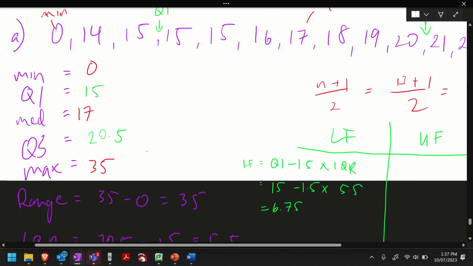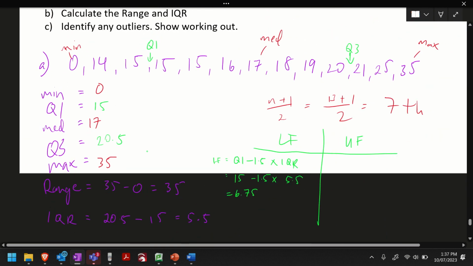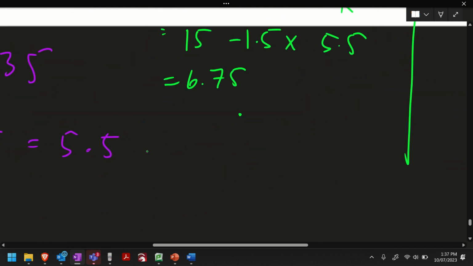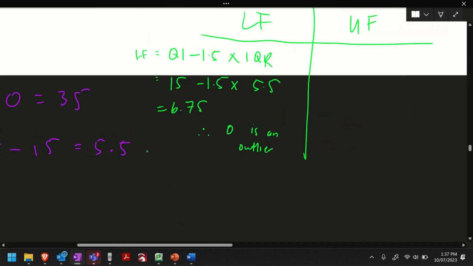Now, looking at your data, guys, is there anything below 6.75? Zero. So you have to now write therefore, zero is an outlier. Easy.